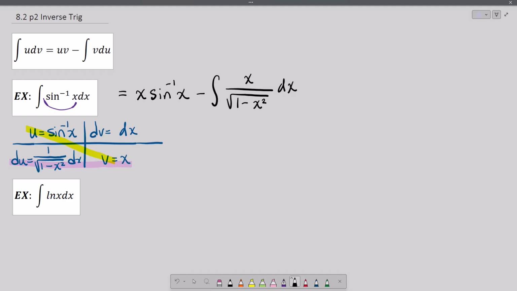And now, typically, this is where we ask ourselves, did we make the right choice? Well, we had no choice, so we don't really have to ask that question. This integral is easier because it is integrable using what technique? U sub.